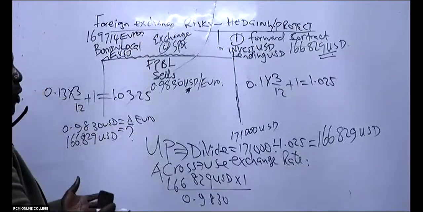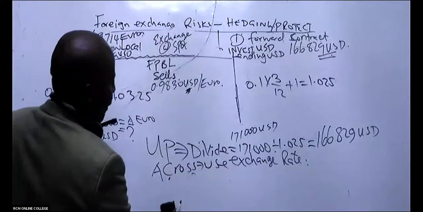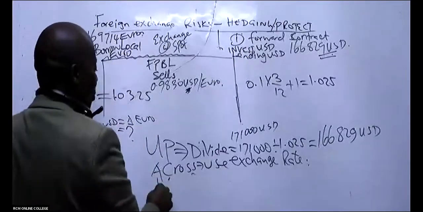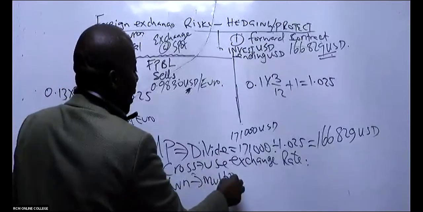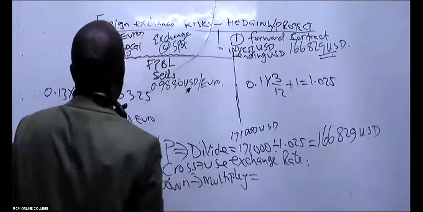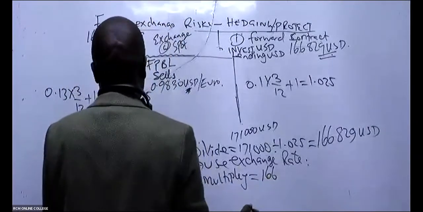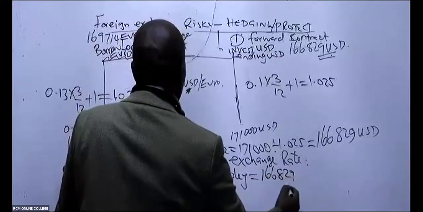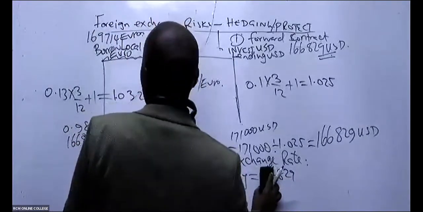And then now we move down. So down, normally what we do, remember, things are growing. Down, things are growing. So down, we multiply. Always. Down, multiply. So we have here 166,829. No. Wrong. Why was I picking this?